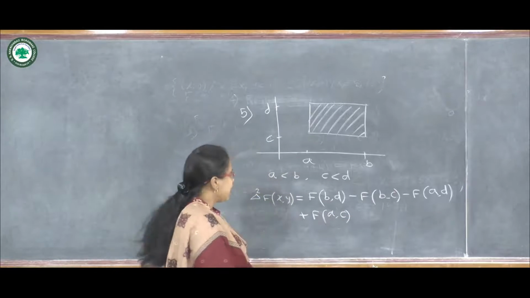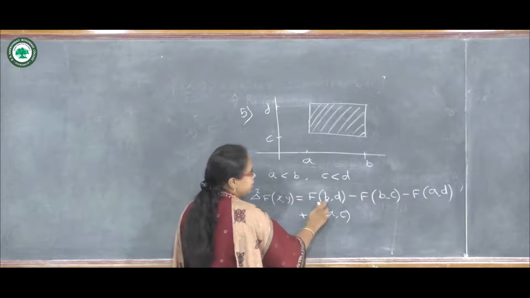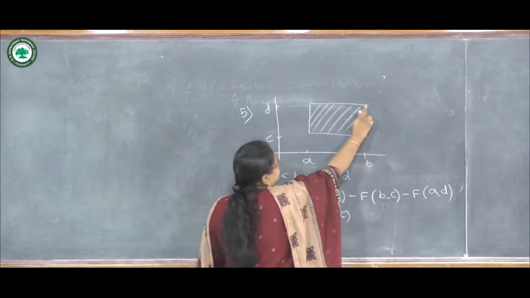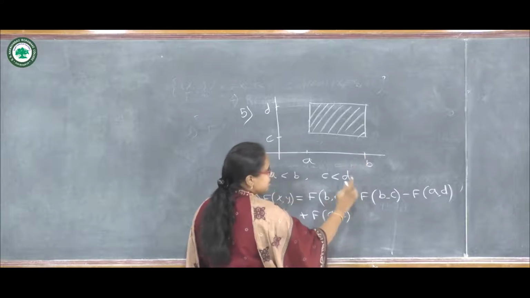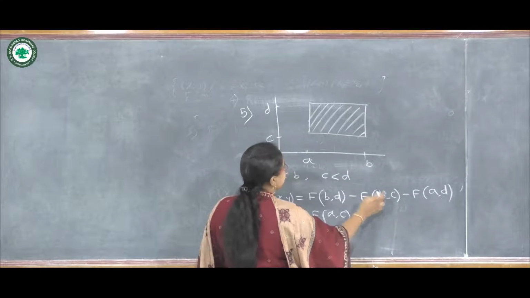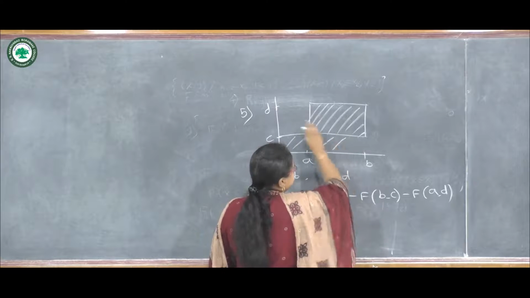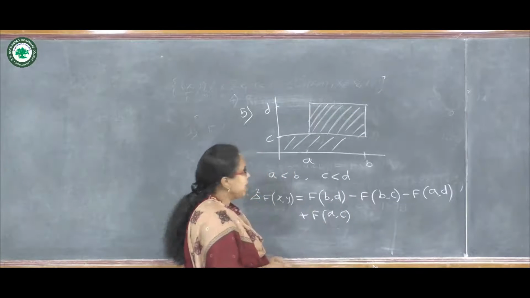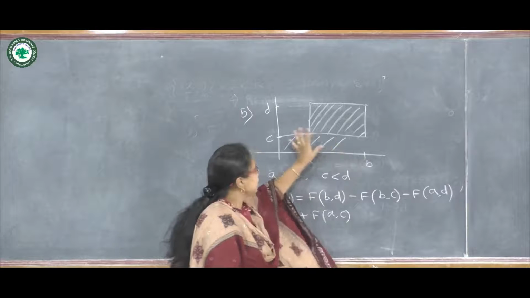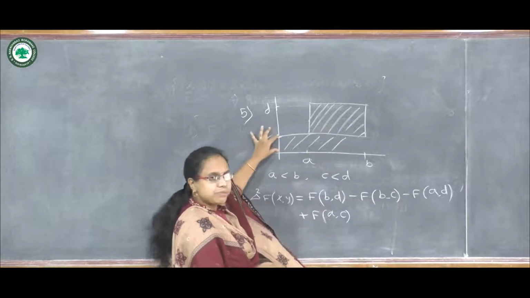So you can see that the area below b and d, this total area, minus we are subtracting b c, meaning this area we are going to subtract from the whole area.